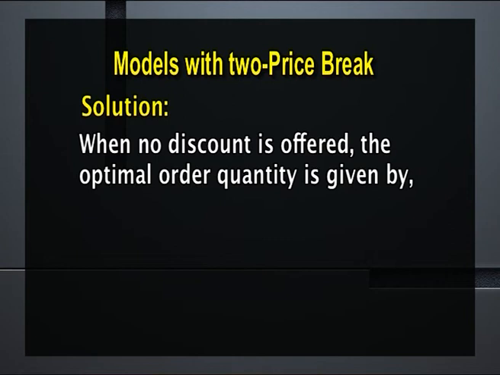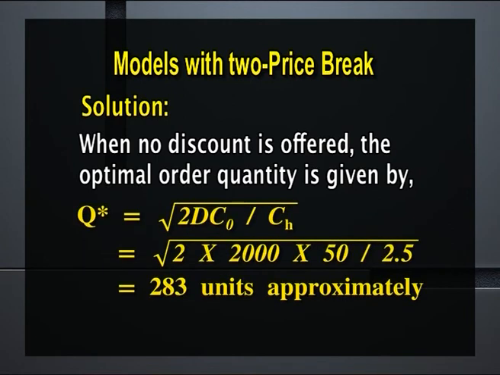When no discount is offered, the optimal order quantity is given by Q star is equal to square root of 2 D C naught by CH is equal to square root of 2 into 2000 into 50 divided by 2.5 is equal to 283 units approximately.